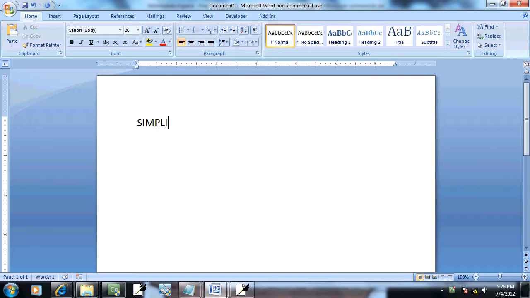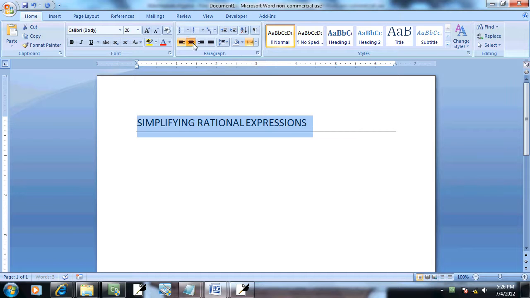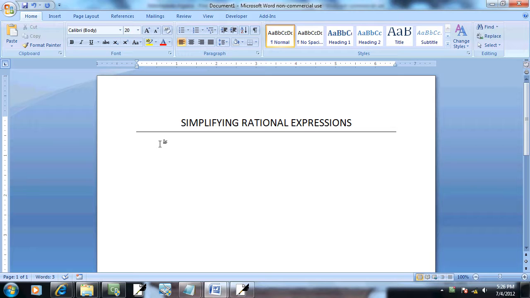So, simplifying rational expressions. Step 1, factor the top and factor the bottom.